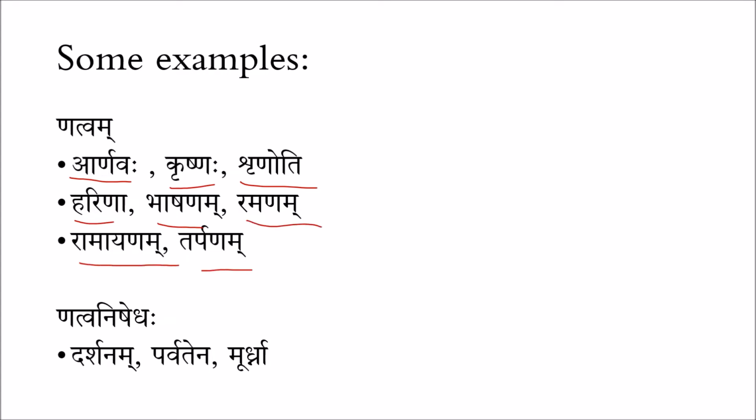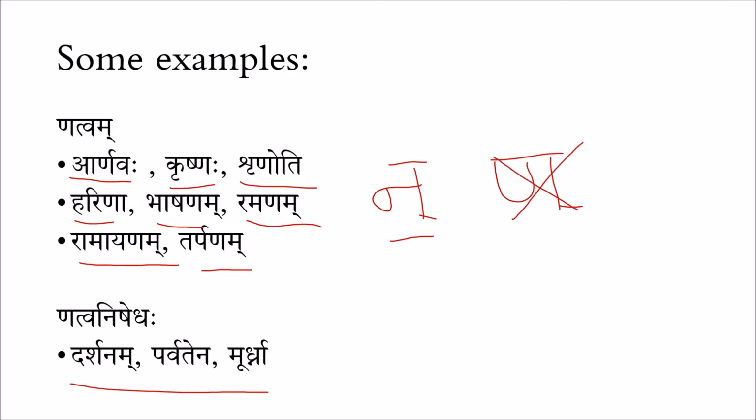So in these words, the sound of Na is changing to Na, right? And there are a few words here like Darshanam, Parvatena, Murdhna. So these words show where the Na is not changing to Na. So it remains as Na here.